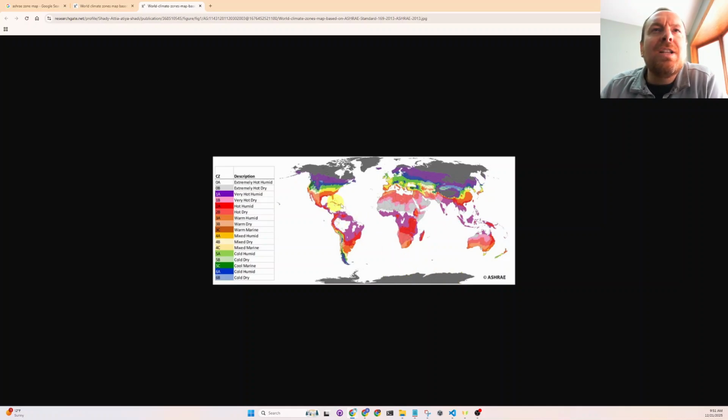Then if you get way down into the red, very hot and humid, you're full-blown like Cuba, Florida, Papua New Guinea, parts of China, Australia have this very hot climate. So Brazil. So these are going to be way different.